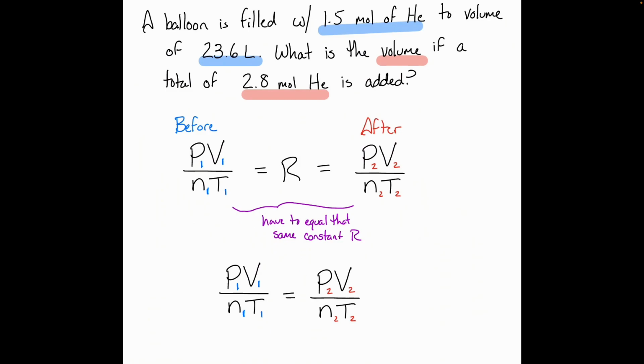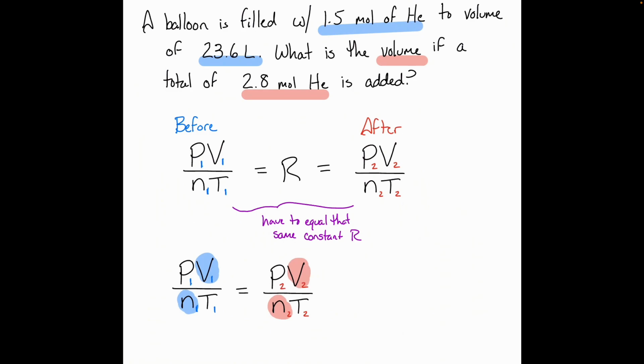Okay. So let's look carefully at what we have in our problem here. The 1.5 moles of helium, what variable is that in my problem? n, but specifically N1, the number of moles before this change was made. And the volume, V1, is also given to me. And I'm given my number of moles after this change was made, and I'm being asked for the volume. That means that my pressure and my temperature are not changing.